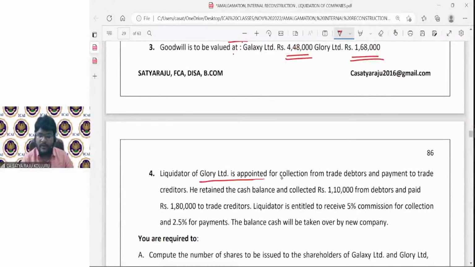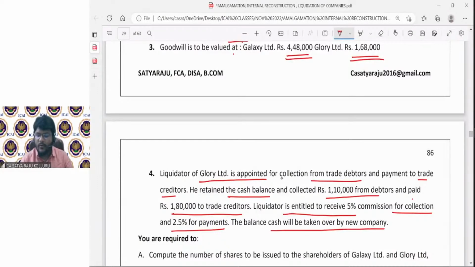Liquidator of Glory Limited is appointed for collection from trade debtors and payment to trade creditors. He retained the cash balance and collected 1,10,000 from debtors and paid 1,08,000 to trade creditors. Liquidator is entitled to receive 5% commission for collection and 2.5% for payments. The balance cash will be taken over by the new company.